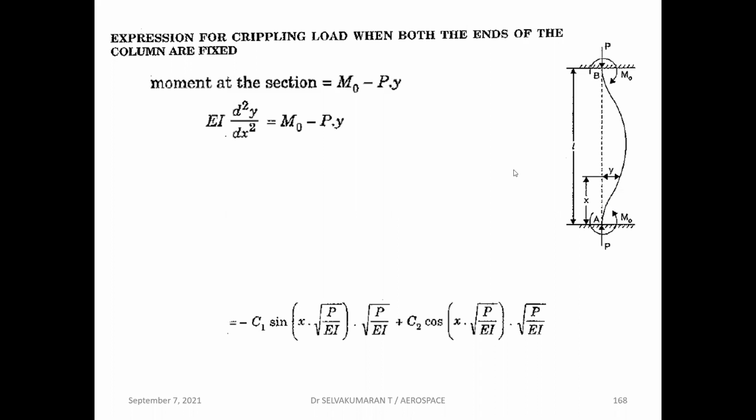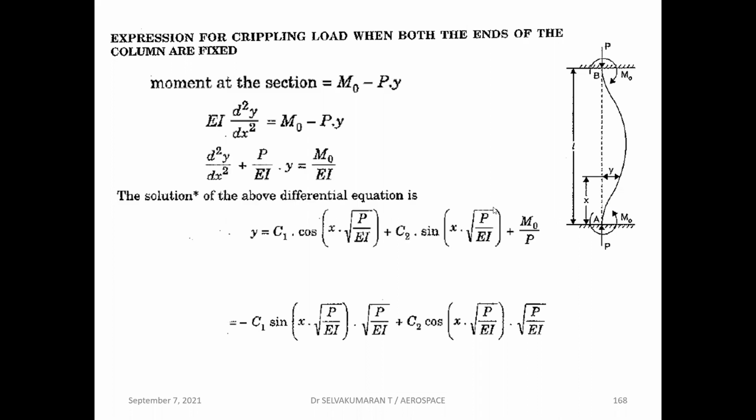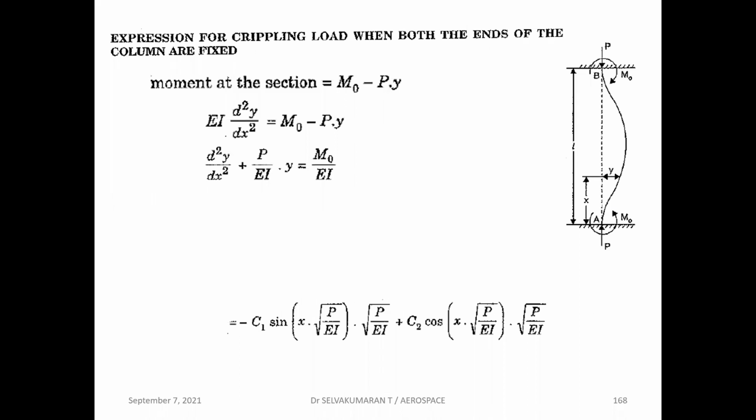So we know from solid mechanics that the bending moment is EI d square Y by dx square. So EI d square Y by dx square is equal to M naught minus P into Y. Just rearrange it, divided by EI.